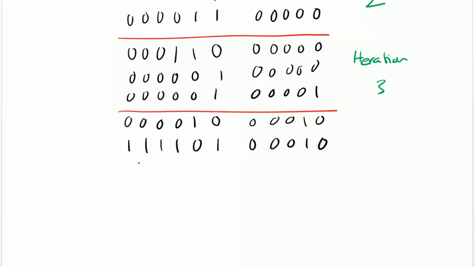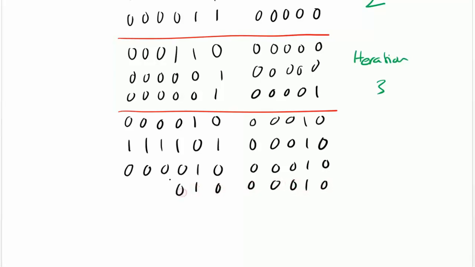So we have to revert. Then the LSB of register Q also will be reset to 0. That is for iteration 4.